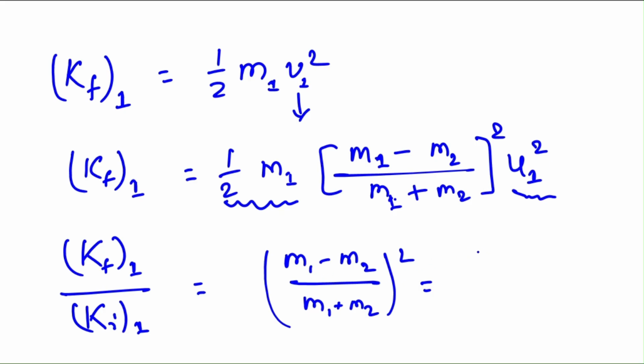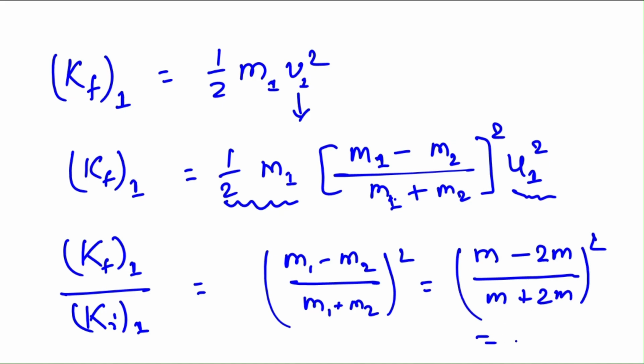Let's take this thing only m. Then m2 will be twice of m, because the nucleus of deuterium is twice, if you are comparing mass. So here we will have m plus 2m and square.